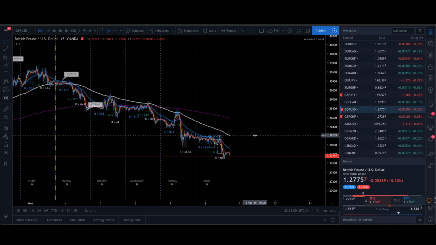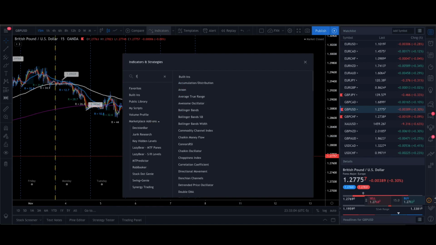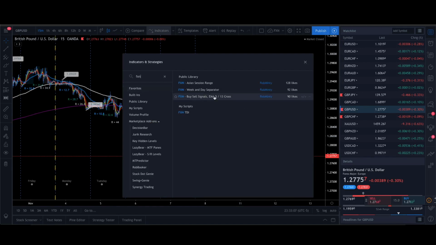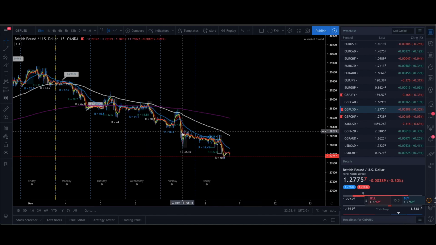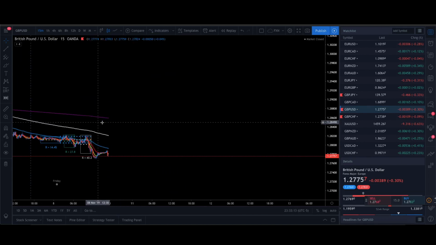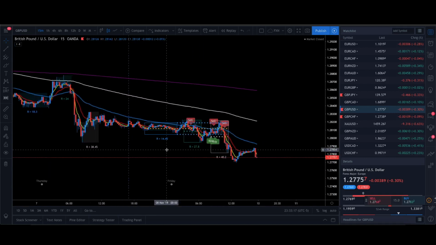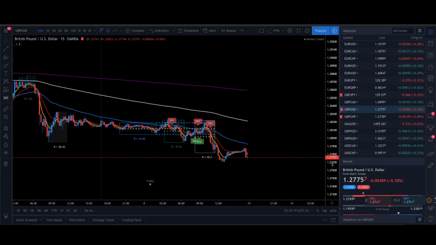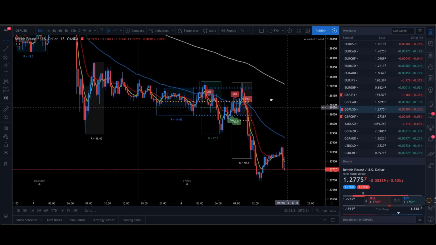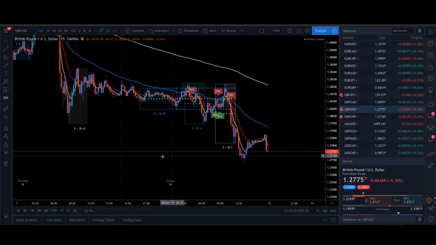All right, so the last one is going to be the buy and sell signal, the 5 and 13 cross. Very important on this one is that you understand how you're supposed to use that last one, the buy and sell signal of the 5 and 13 cross.